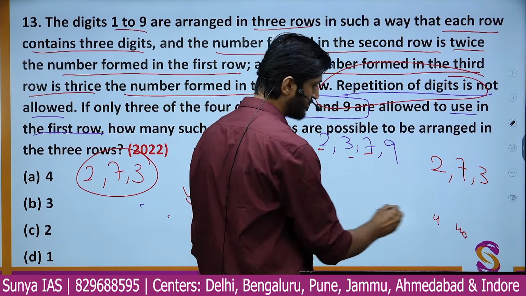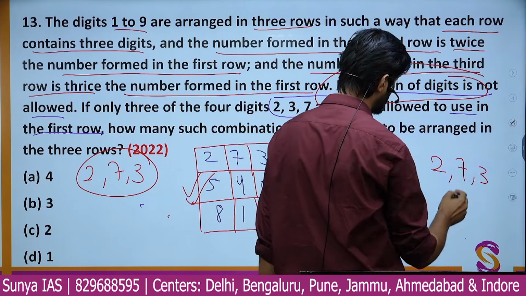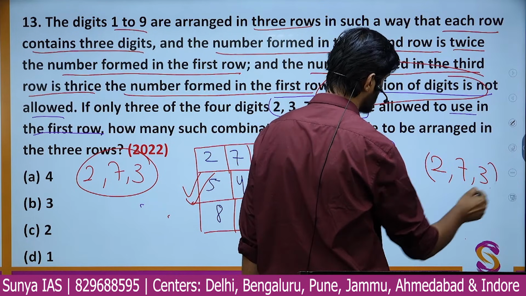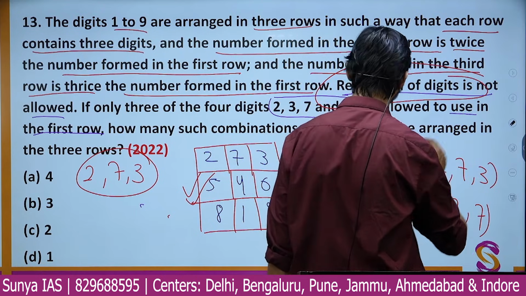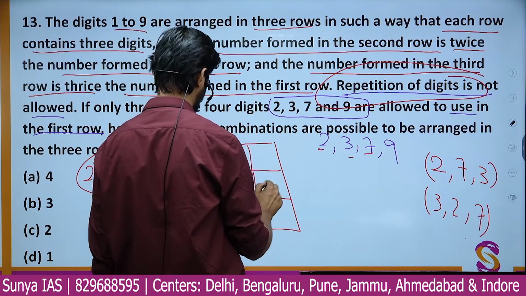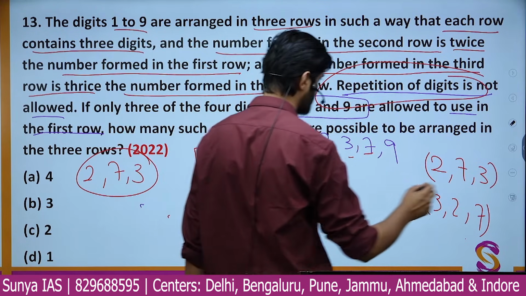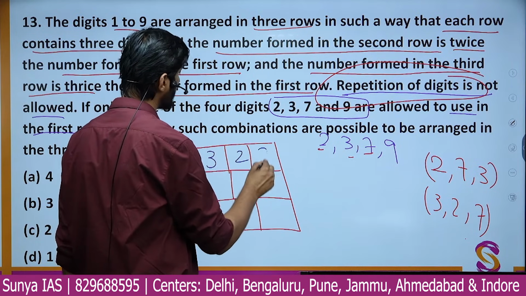Apart from this, there will be one more combination that will be satisfying the idea, and the another combination will be simply 327. So if we take the combination of 327, here we'll have 3, here 2 and 7.